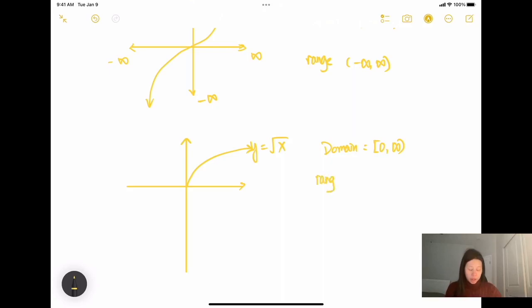So what about the range? The range is going to be from 0, because all the x numbers have to be positive. Look at the graph, and start from the origin. You can't go below the x-axis. So this should be 0 to infinity.